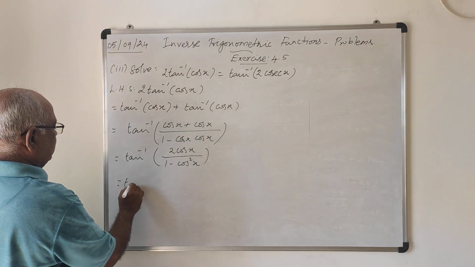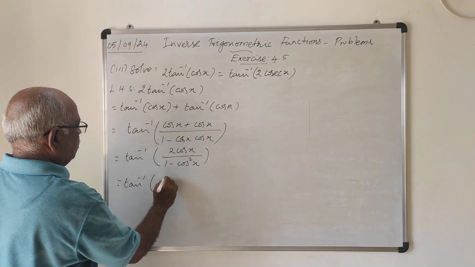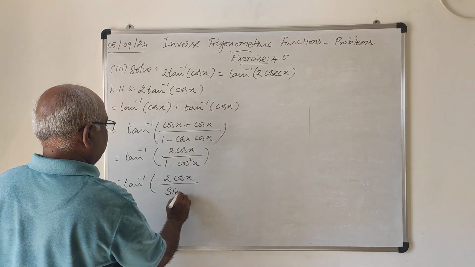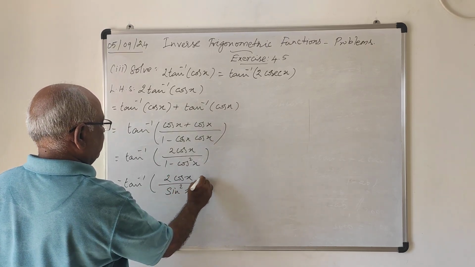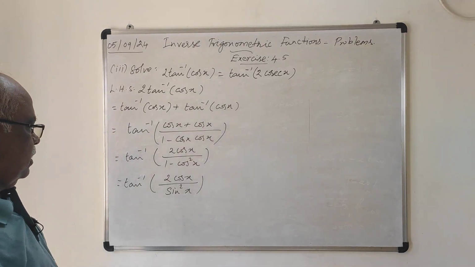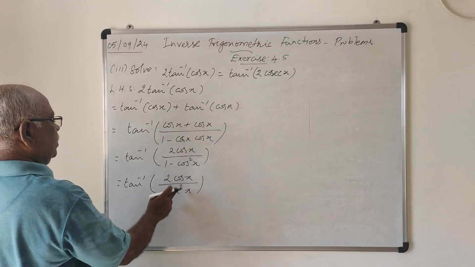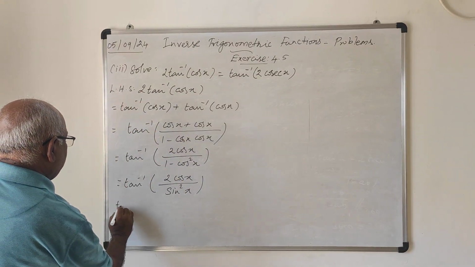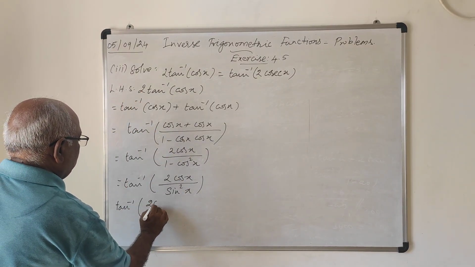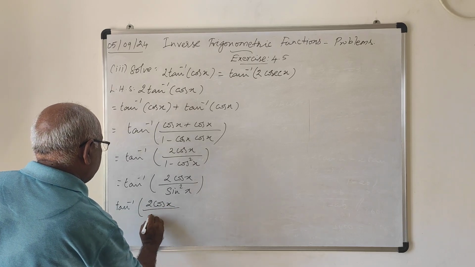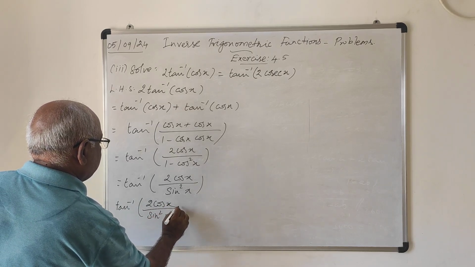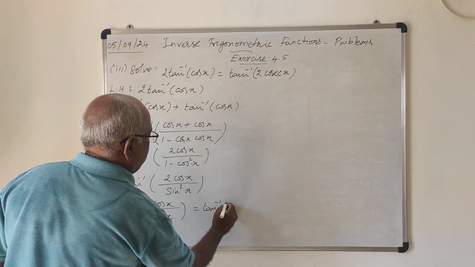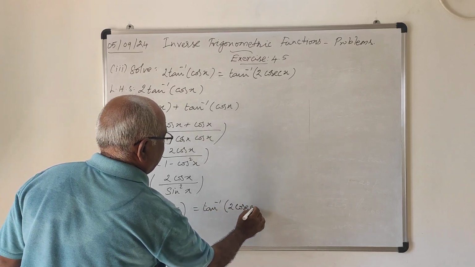That is equal to tan inverse of 2 cos x by sin square x, since 1 minus cos square x is sin square x. Now the problem becomes: left hand side is tan inverse of 2 cos x by sin square x equal to tan inverse of 2 cosecant x.